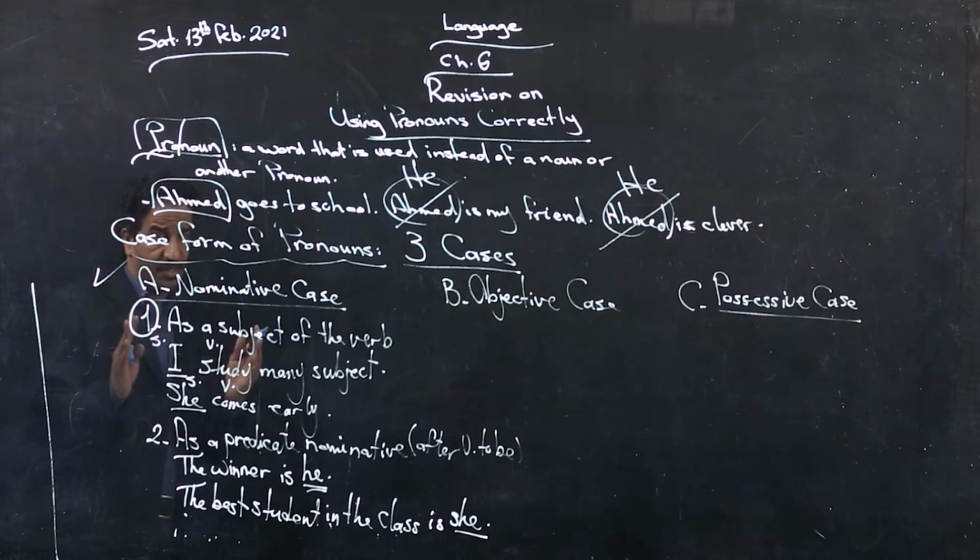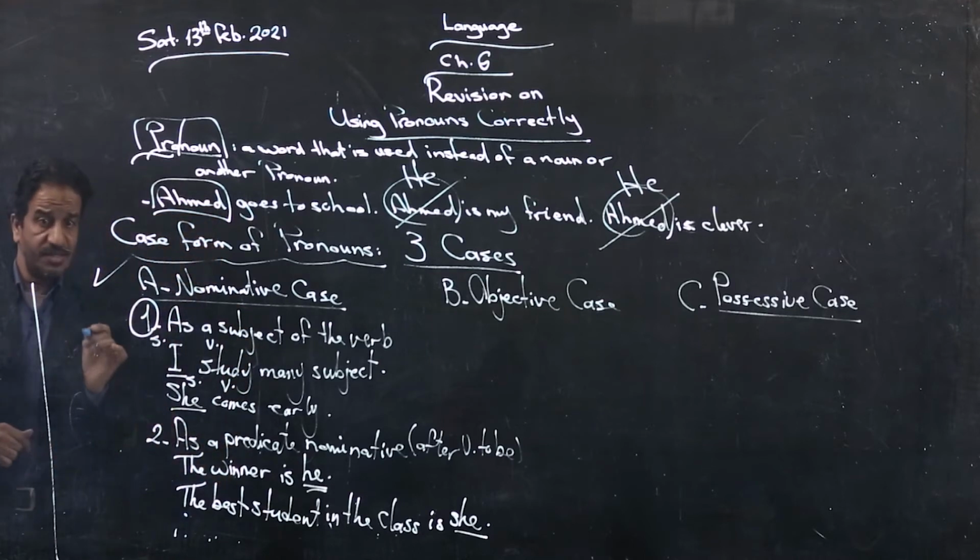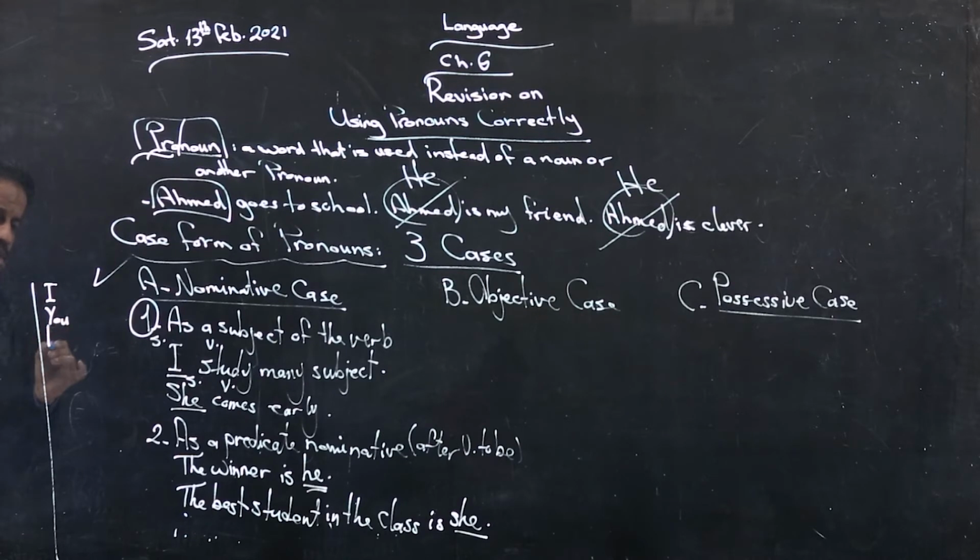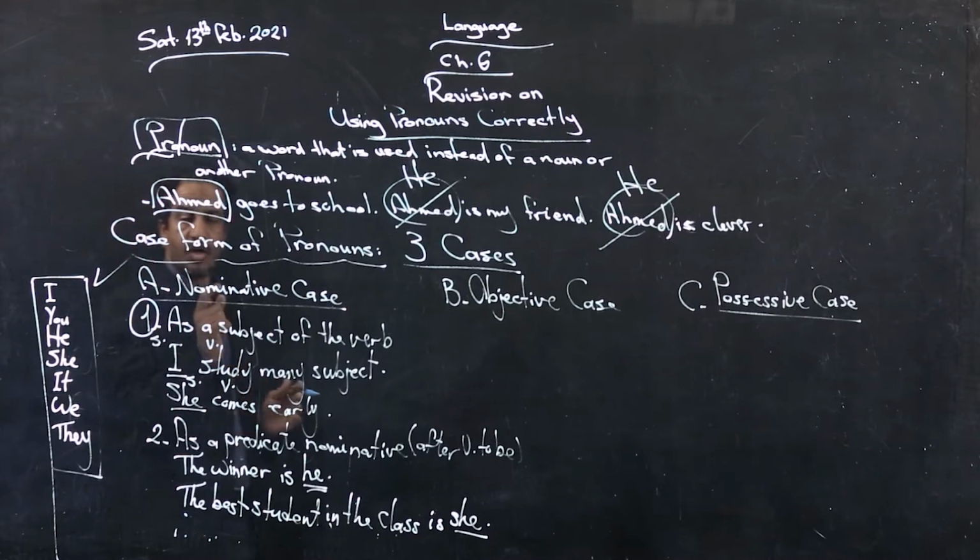The pronouns in the nominative case are I, you, he, she, it, we, and they. These pronouns come before the verb or after verb to be, and they are called nominative case.